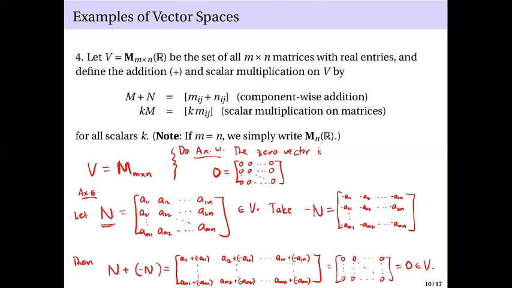And we will prove that these sets, with their defined addition and scalar multiplication, will be vector spaces.